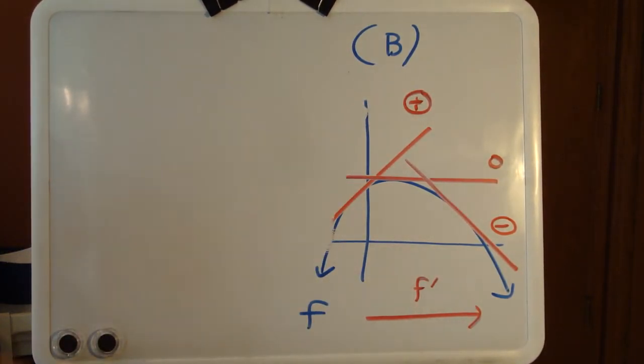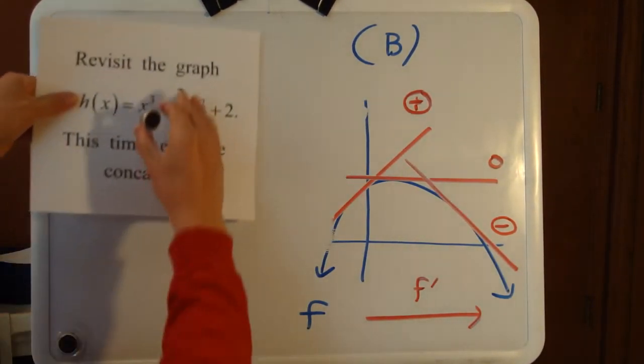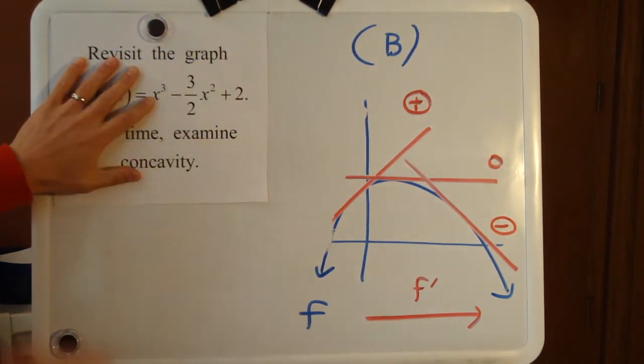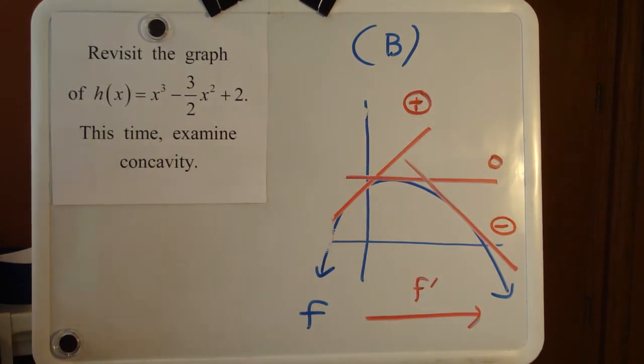Now it's time to look at an example of concavity, and then we'll get to our main result about second derivatives. This example I had in an earlier video where we found highs and lows. This time we're going to do something different. We're going to look at the concavity of the graph, and while we're here, we might as well talk about the inflection points as well.